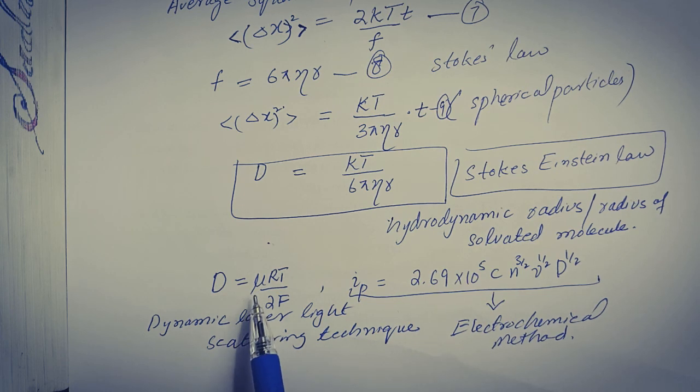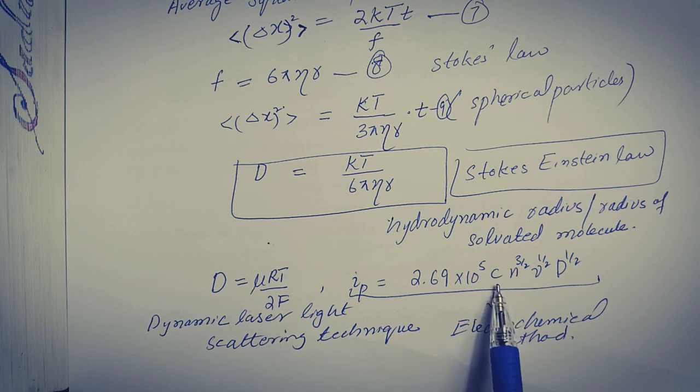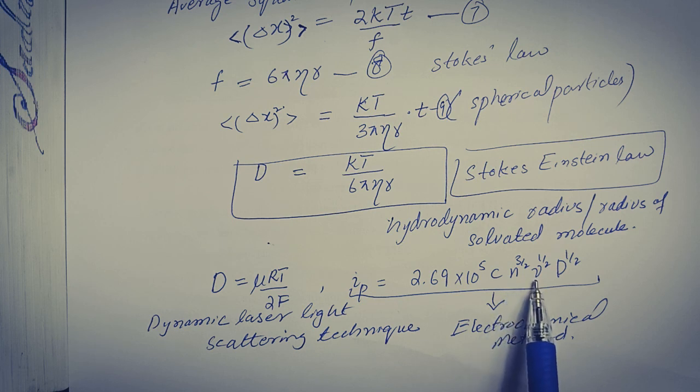Here mu is the mobility, R is the general gas constant, F is the Faraday's constant, whereas C is the concentration, n is the number of moles, and this is the scan rate.